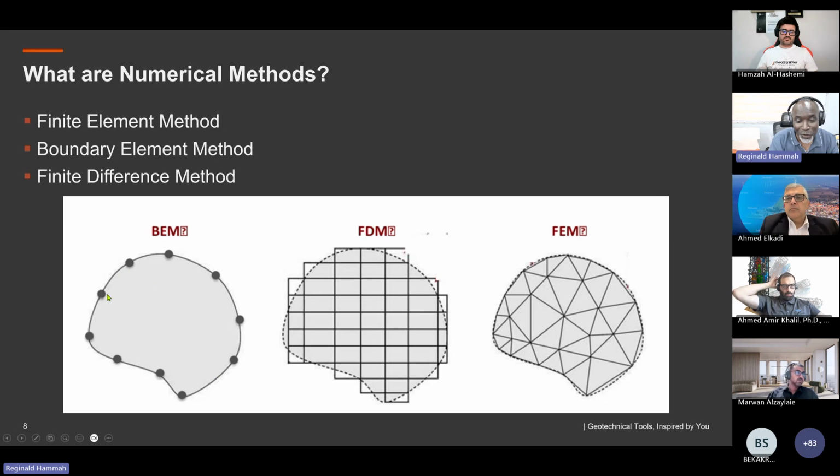Once you've set up that system, you can solve that system of resulting equations for what is happening along the boundaries. So you get the boundary stresses or displacements, whatever it is, you get it. Now, knowing those values, you can calculate what is happening anywhere within this material from the solution that you came up with when you solved for the boundary stuff.